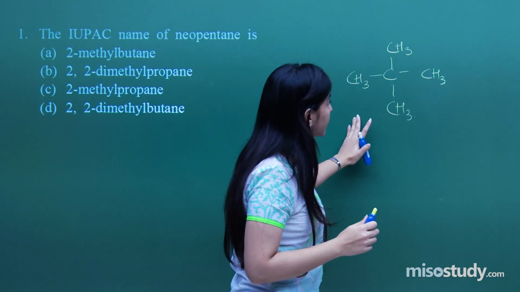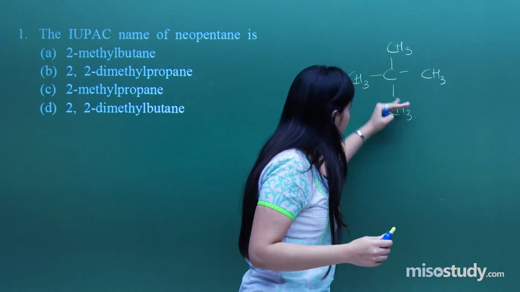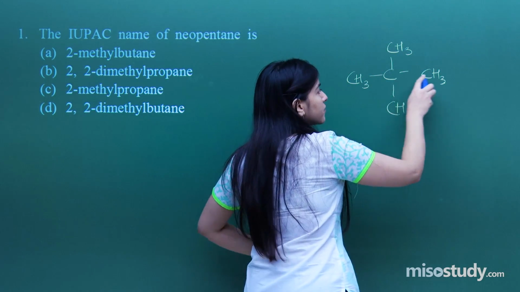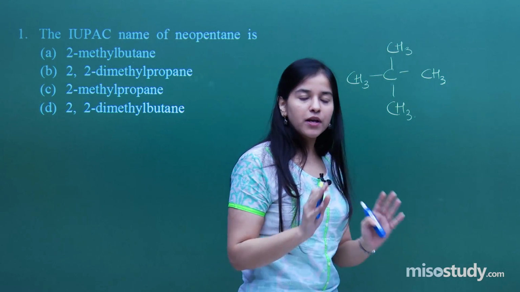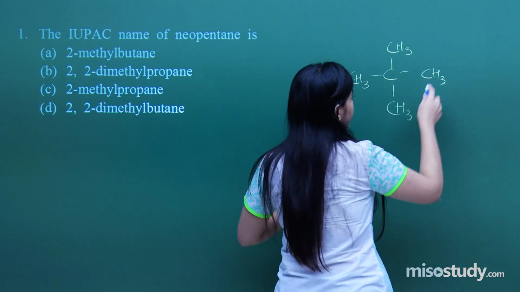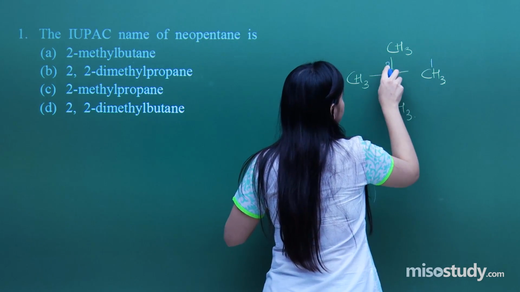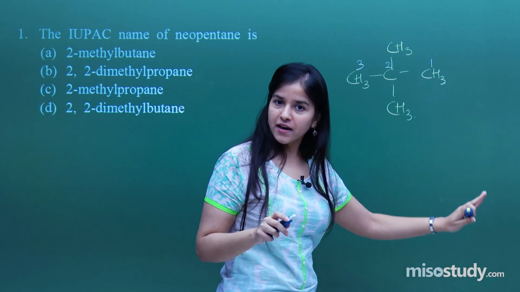You need to have a proper IUPAC name to it. How will you give it? You can choose either of the word roots, like this one, or this way or that way. It could be any way, it will be the same IUPAC name every time. So let us number 1, 2, 3. On the second carbon I have got 2 methyls.